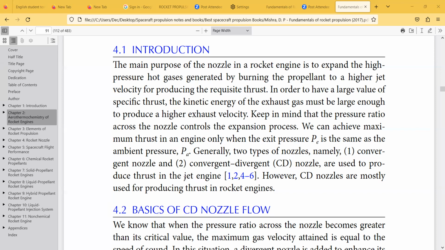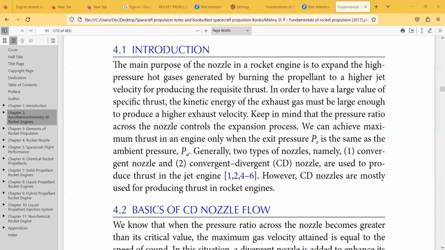One of the thrust is the momentum thrust, and the second thrust component is the pressure thrust. So once PE is equal to PA, the ambient pressure, then the pressure thrust component becomes 0. And that is known as the optimum expansion of nozzle. So that is our intention.